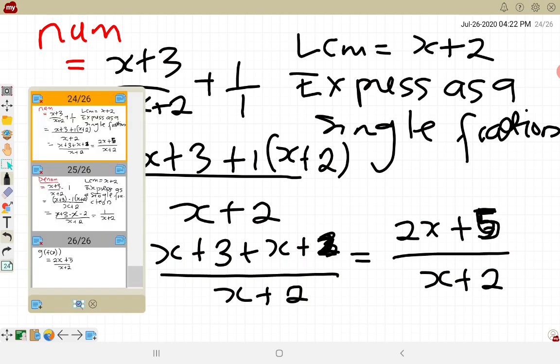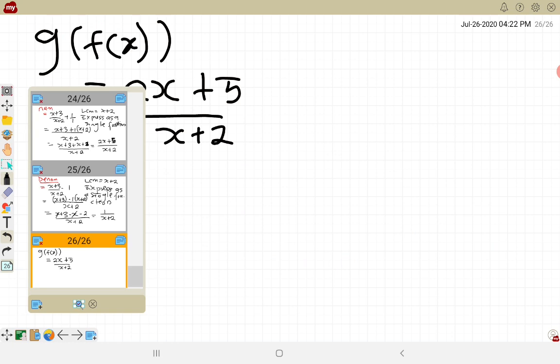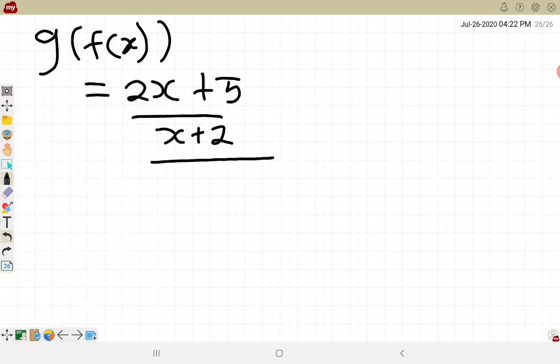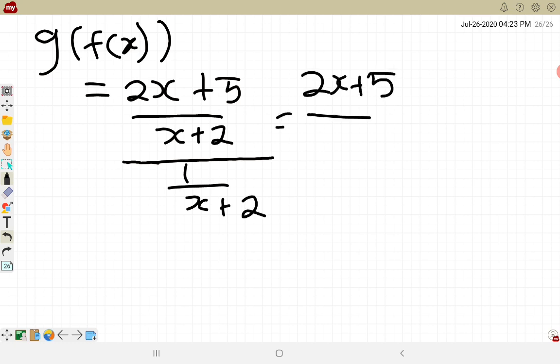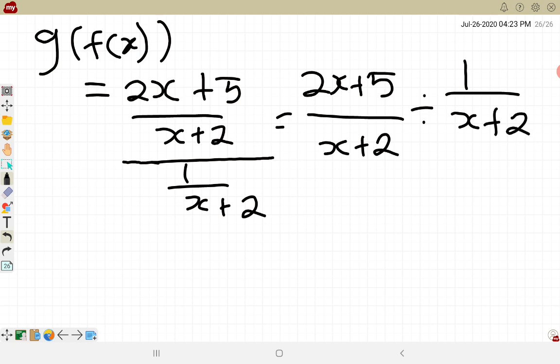Okay, now substituting this into the fraction there, we have 2x plus 5 over x plus 2, all over the denominator, 1 over x plus 2. So this can be written as 2x plus 5 over x plus 2 divided by 1 over x plus 2.